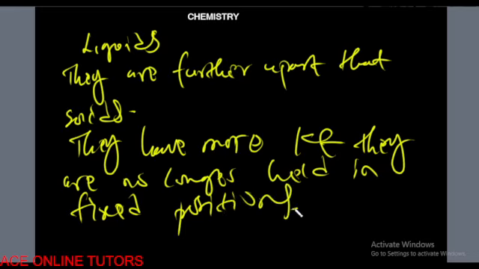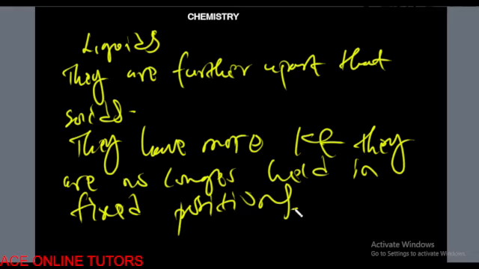This is because of their high kinetic energy and also their low cohesive forces. So that means that the force that is holding them together is smaller compared to the energy that they have. But for solids, the force that is holding them together is very high compared to the kinetic energy that they have.